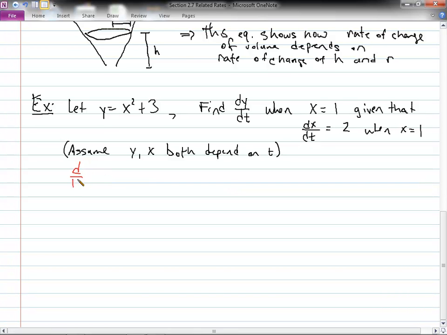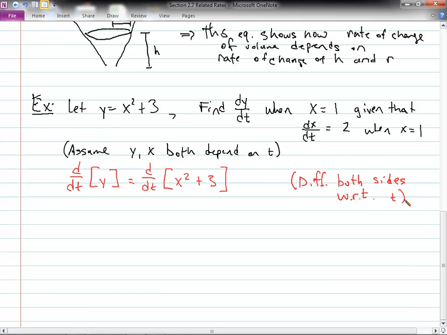So let's do d/dt of y and d/dt of x squared plus 3. So we first differentiate both sides, and here I go again, with respect to t. So what is the derivative of y with respect to t? The derivative of y is 1 times dy/dt.